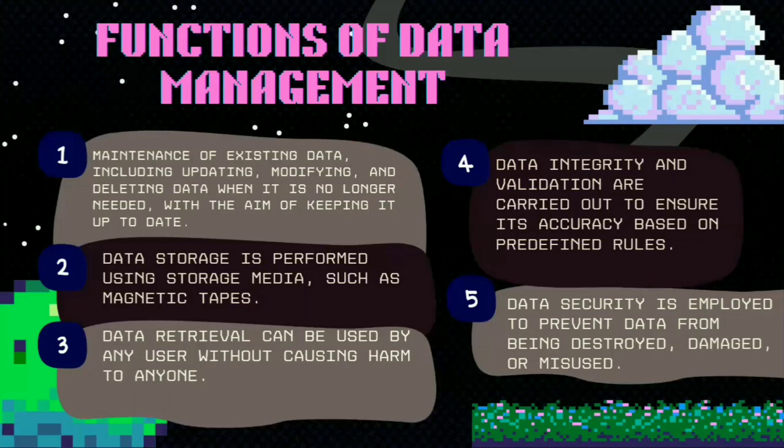Data retrieval can be used by any user without causing harm to anyone. Number 4, data integrity and validation are carried out to ensure accuracy based on predefined rules. The last one is data security, employed to prevent data from being destroyed, damaged, or misused.